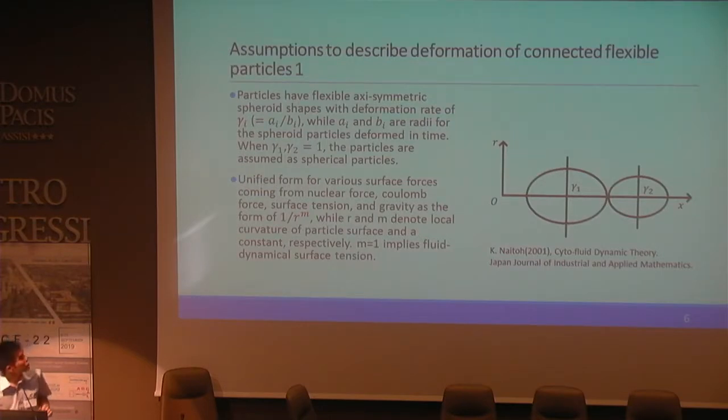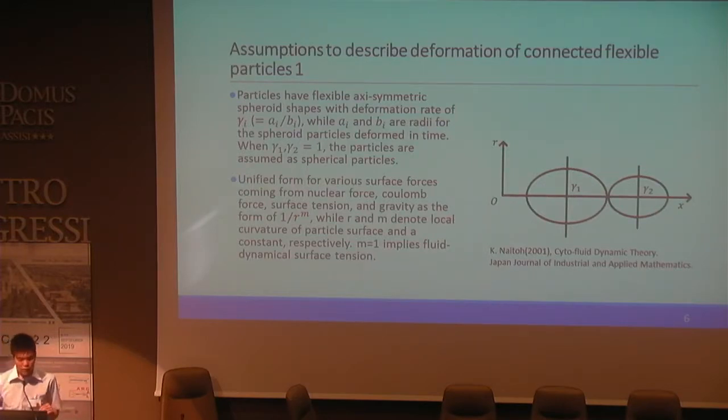First, particles have flexible axis-symmetric spheroidal shapes with deformation rate of gamma equal A per B, while A and B are the axes of the spheroid particles deformed in time. When gamma equal 1, the particles are assumed as spheres.